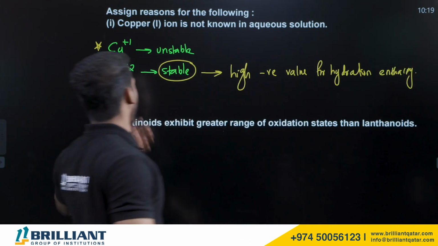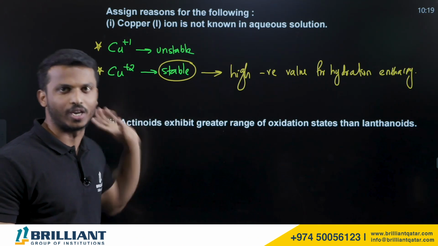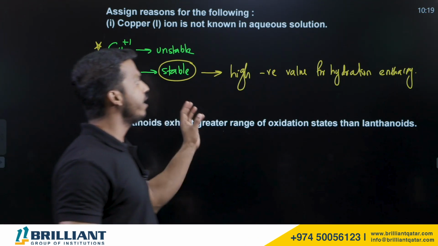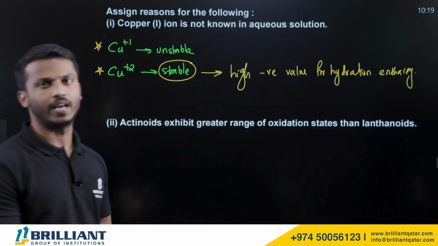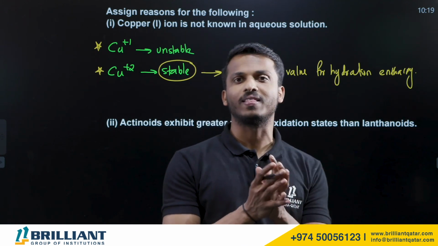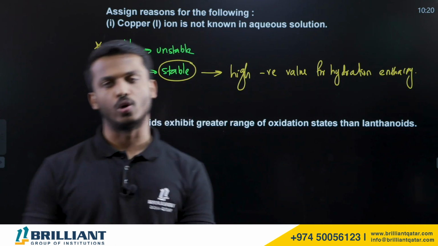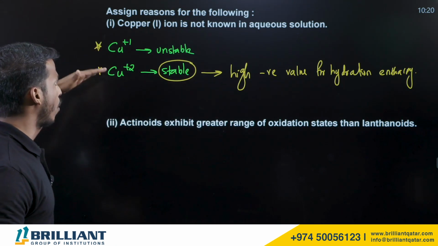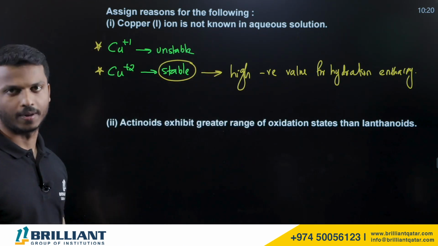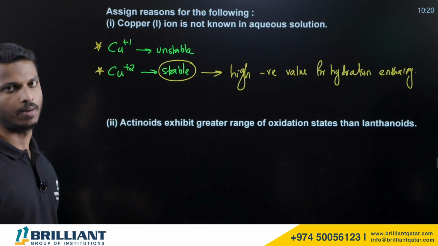If they say this oxidation state is highly stable in aqueous solution, it means they have a high negative value for hydration enthalpy. This is the point. Those who have a high negative hydration enthalpy value, their oxidation state is highly stable in the aqueous solution. So we can say Cu2+ has a higher negative value for hydration enthalpy compared to Cu+. Therefore, Cu2+ is stable in aqueous solution, and Cu+ is unstable in aqueous solution.